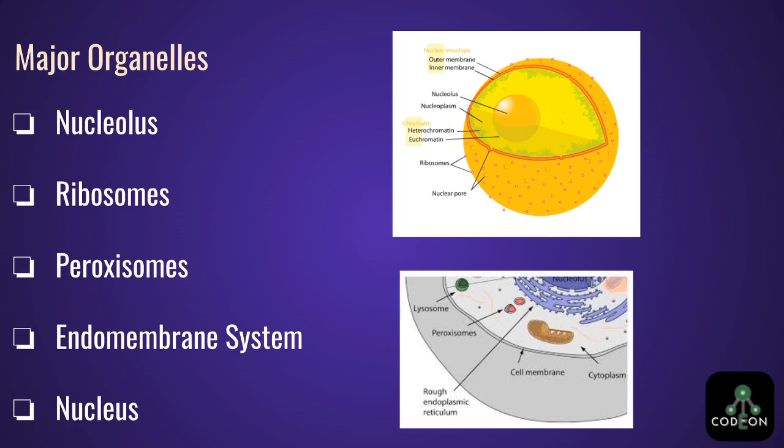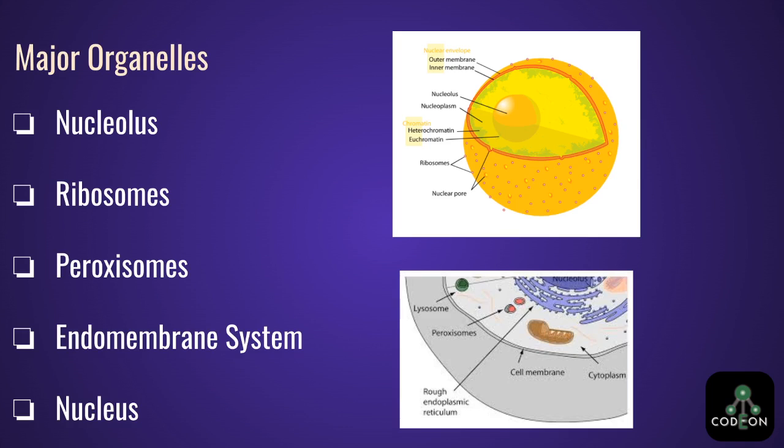It's a tangle of chromatin within the nucleus region that helps to synthesize ribosomal units, so pieces that we need to assemble ribosomes. And this is going to be in the form of something called rRNA. So they're going to be responsible for making rRNA. And the nucleolus is not membrane bound.